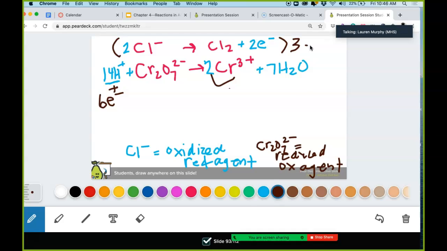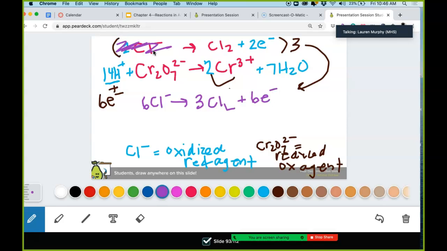So that ends up leaving me with 6 chloride ions makes 3 Cl2 plus 6 electrons. Now everything on opposite sides cancels. So I have 6 electrons on the left and 6 electrons on the right, so they cancel.